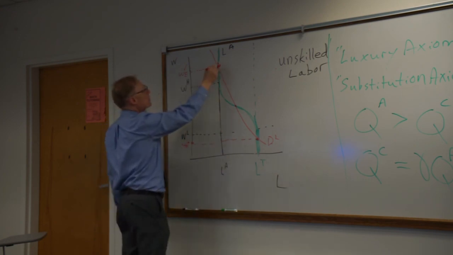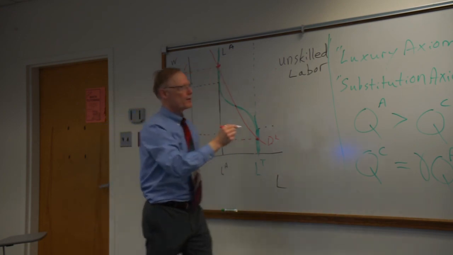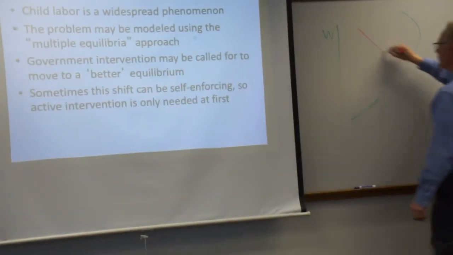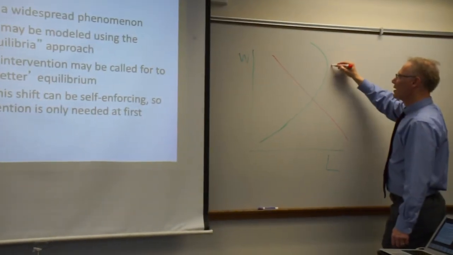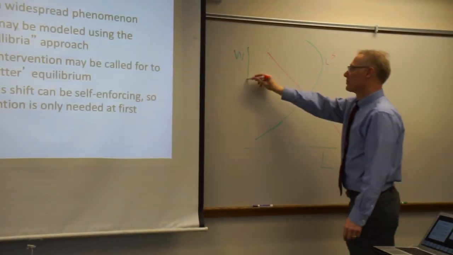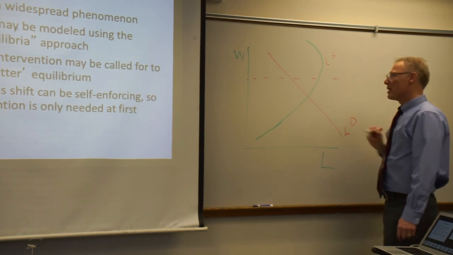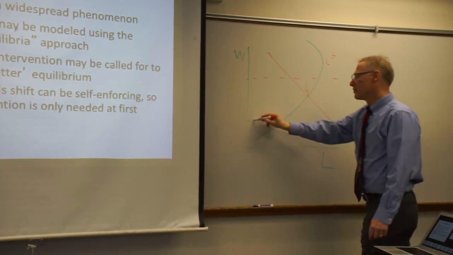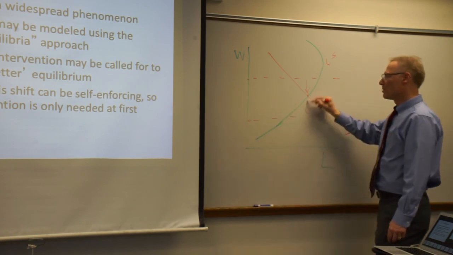So this is an equilibrium for the same kind of reasons that you find an equilibrium comparing a labor supply curve with a labor demand curve. If the wage is higher than the equilibrium, there's pressure down on the wage. Similarly, if the wage is lower than the equilibrium, there's pressure up.